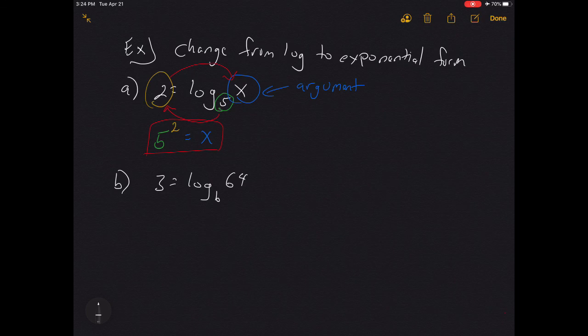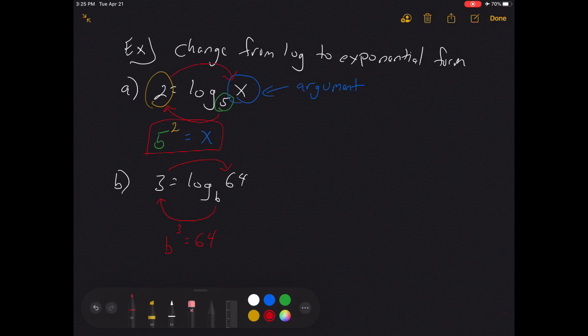So what we would do is take the base b, raise it to the third power, and then that'll equal 64. So I'm going to write this as b to the third power equals 64. And again, if we were trying to solve this, we could probably figure out the value of b here. This is not something that I am extremely concerned with here. But again, that's how you would rewrite it.